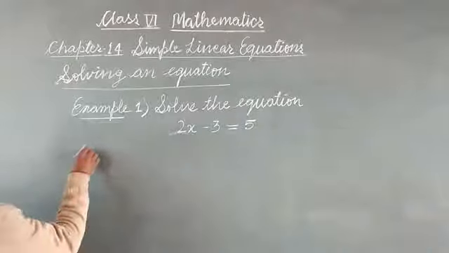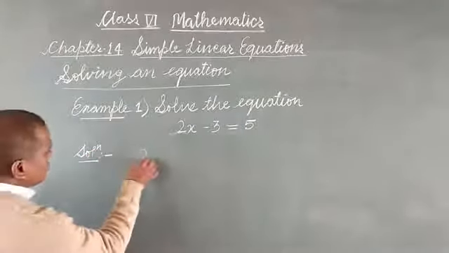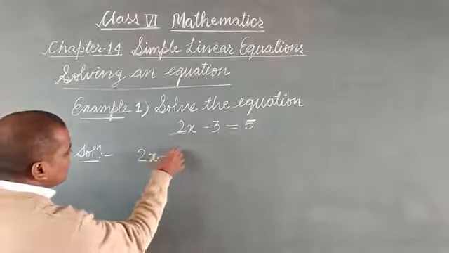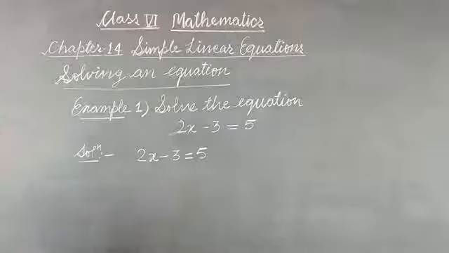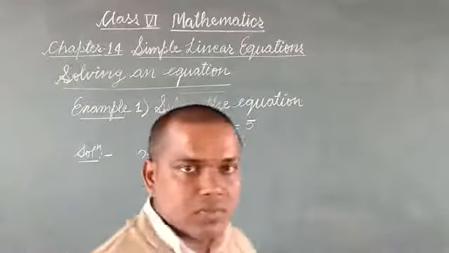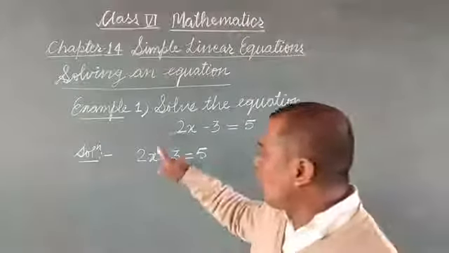We write here solution: 2x minus 3 is equal to 5. Now we have to find the value of x.